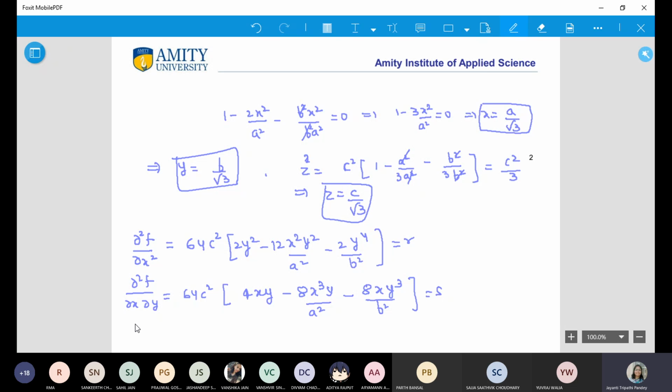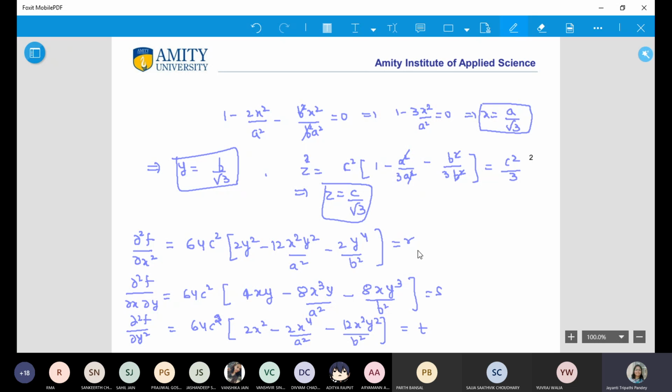This is your s, and del 2f upon del y square is 64c square, 2x square minus 2x to the power 4 by a square minus 12x square y square upon b square, and this is your t.